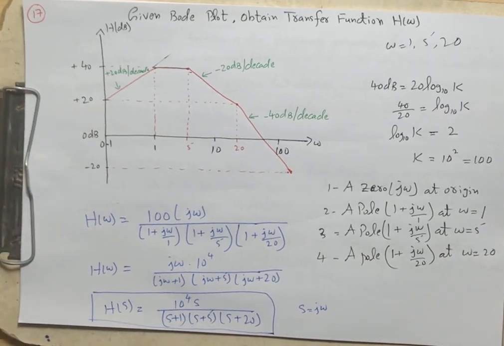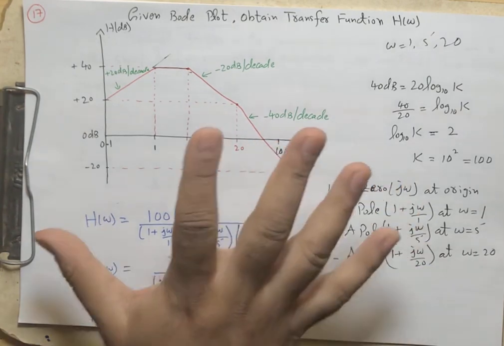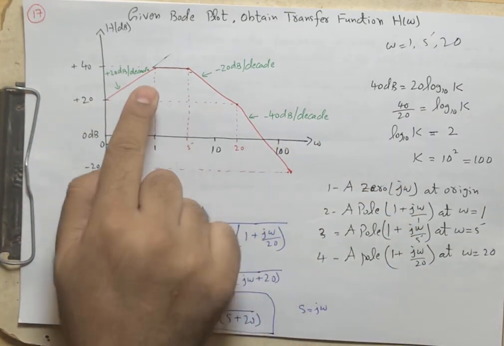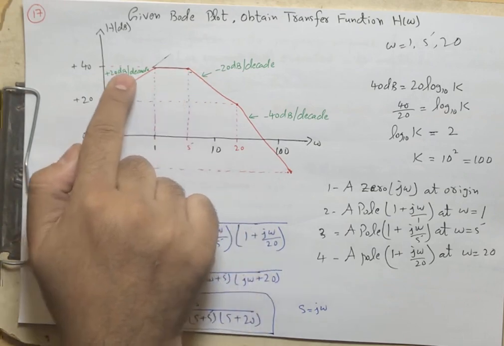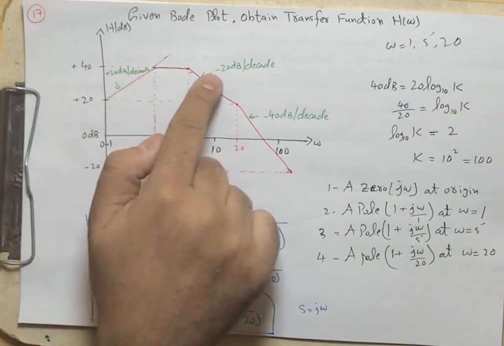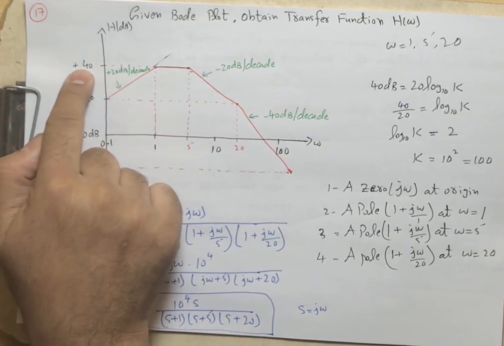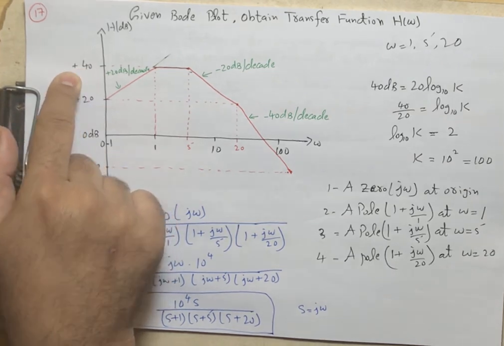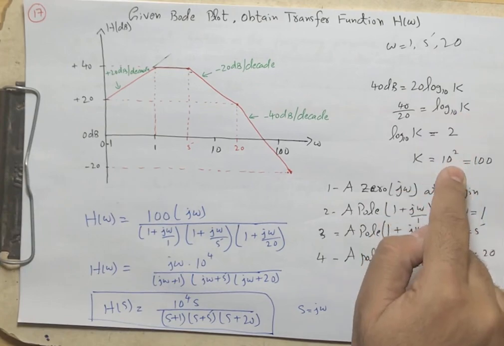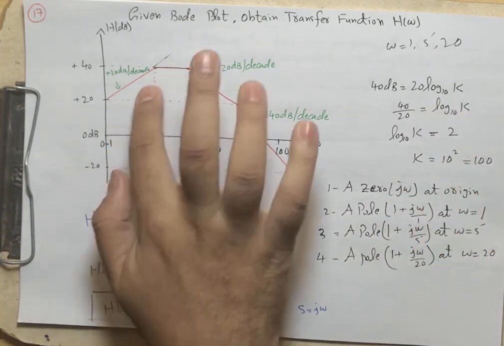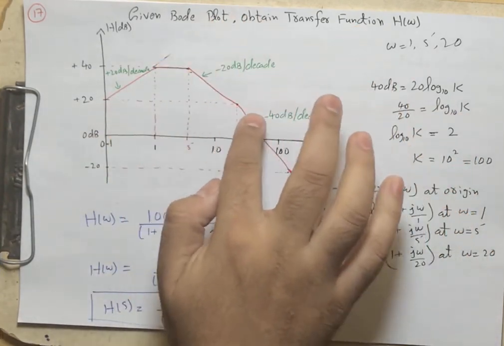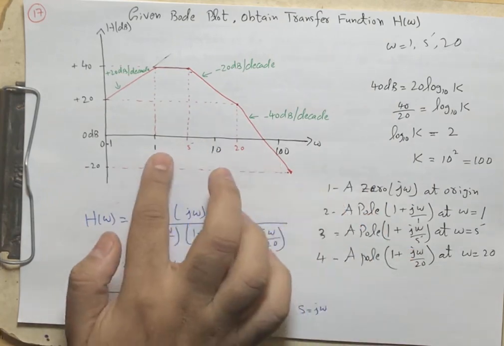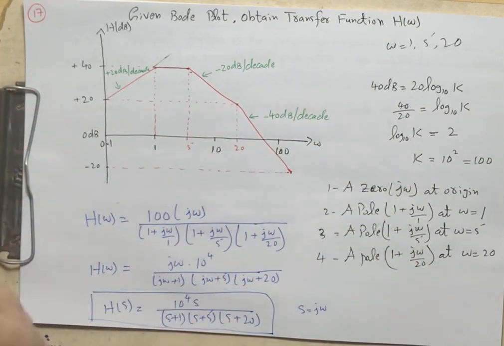So the main idea is that first thing first, you need to see where your curve is flattening out, see the dB value over there, and then from that value you can compute the value of your k. Then you can observe the slopes and the corner frequencies where these slopes are changing.